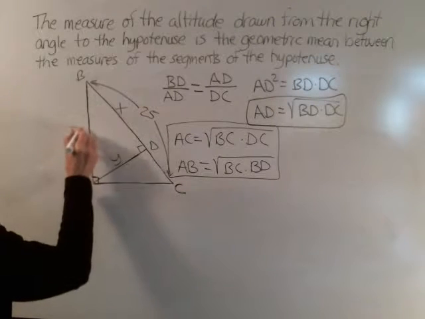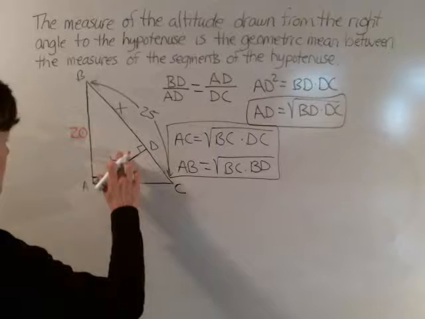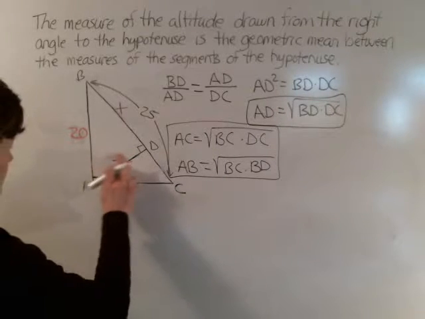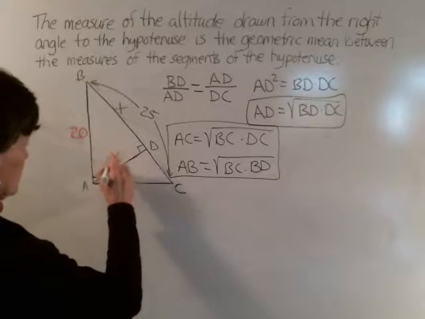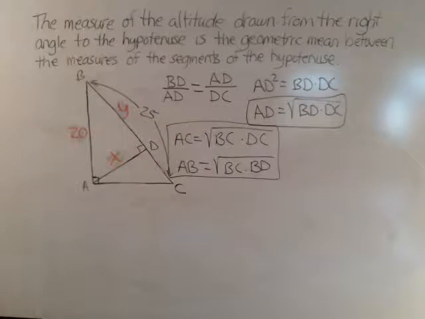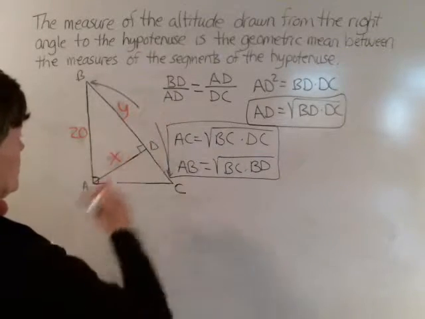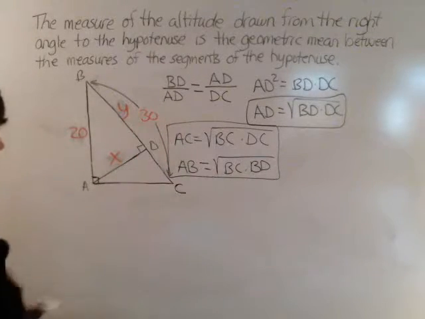I'm going to use red this time to label this. That might be the easier. This side is 20. This side is x. This side is y. And we'll assume that this entire length is 30.